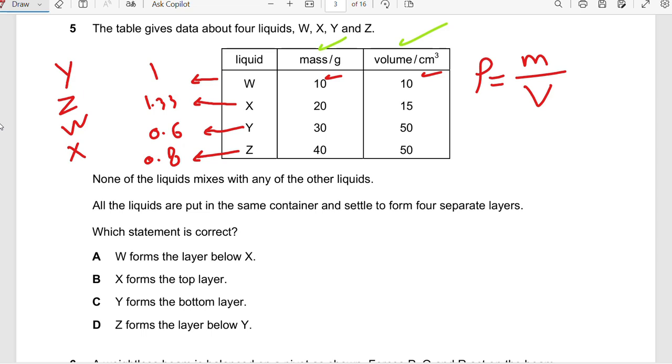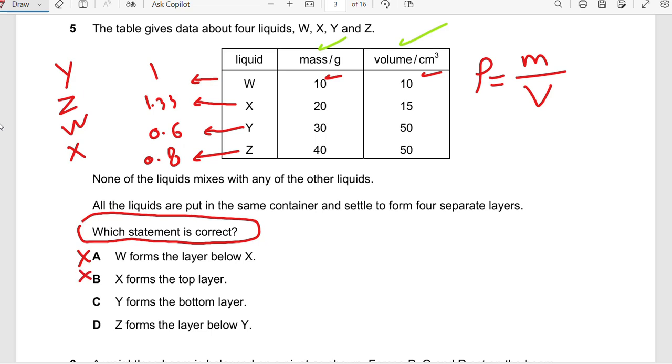order of layers. So the question says, which statement is correct? Okay, let's read. In A, they say W forms the layer below X. No, actually, that's not correct. In B, they say X forms the top layer. No, we see it in the bottom, so wrong.